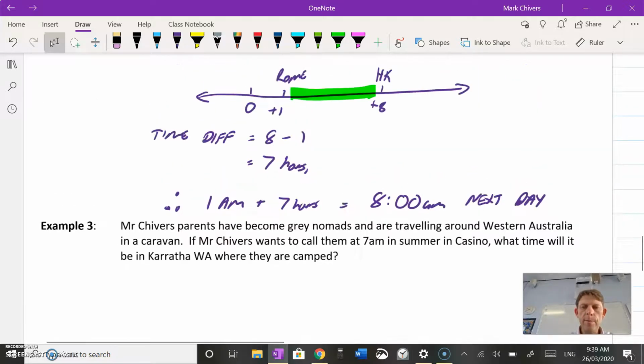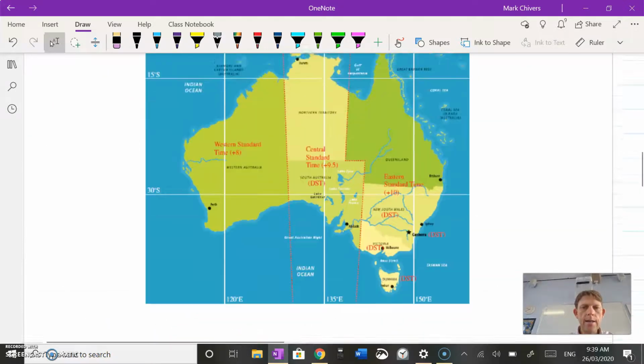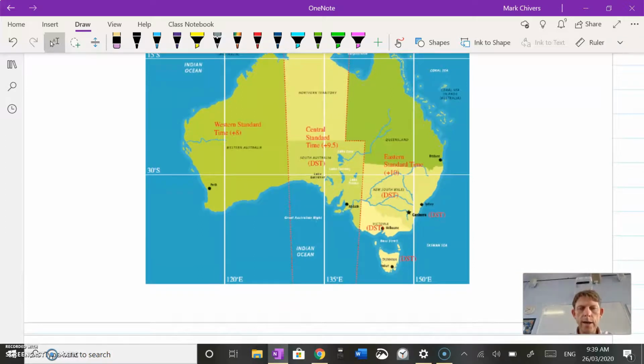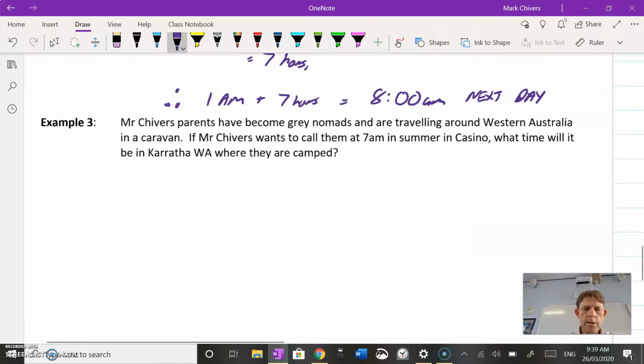So if we look at that map of Australia, Western Australia is always 2 hours different from Eastern Australian time. So here we've got Eastern Australian time at +10, Western Australian time at +8. So there's always 2 hours difference.